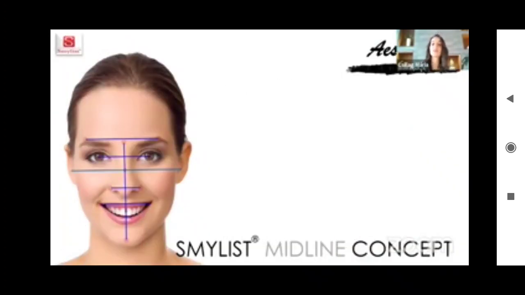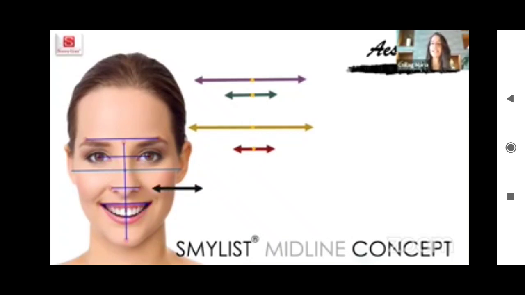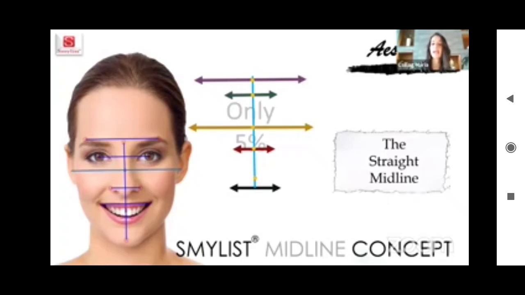So I tried to use the straight midline concept, and I used this line as usual. You can find it in all of the books. I made extra lines, which are the tragus-tragus and TMG-TMG lines.